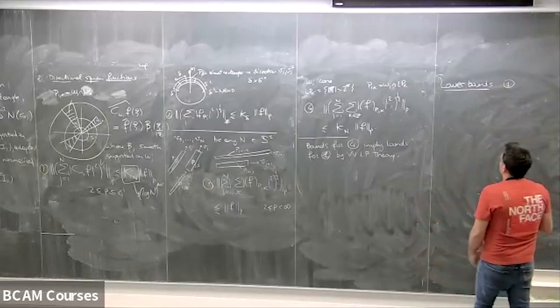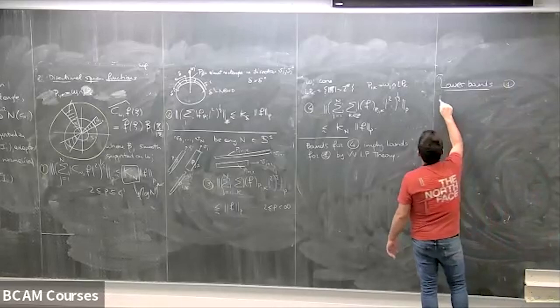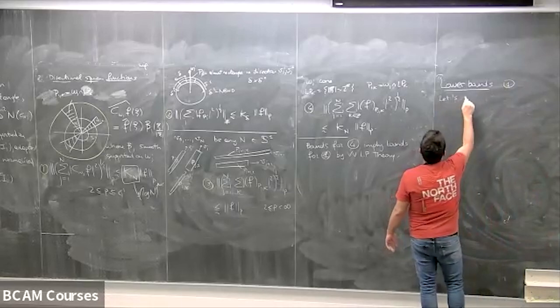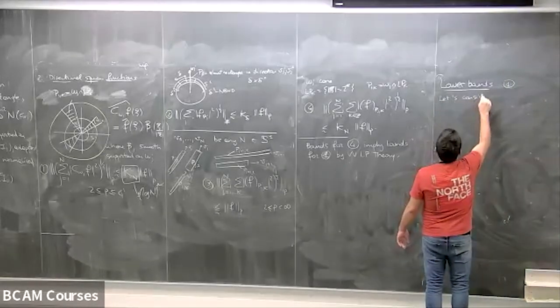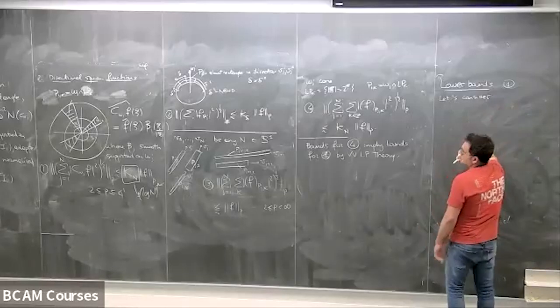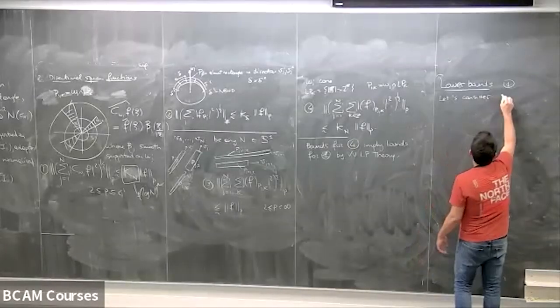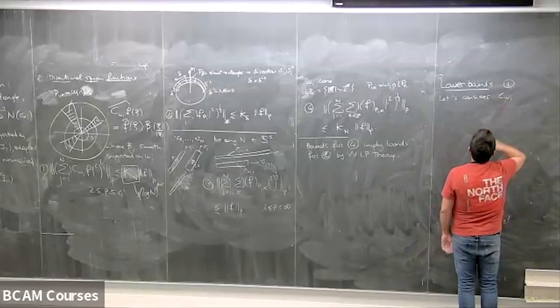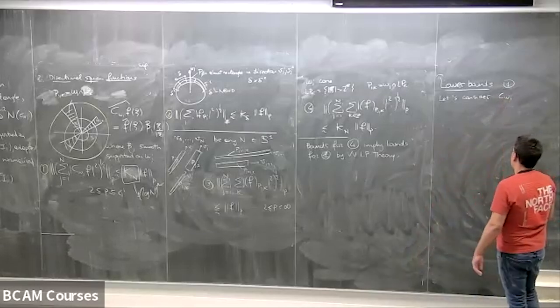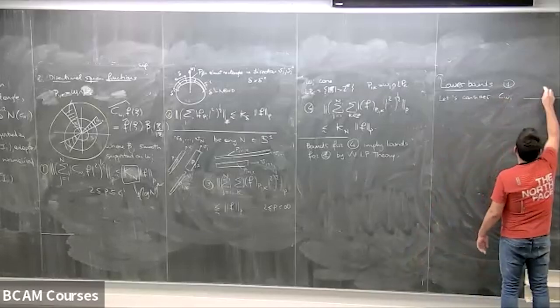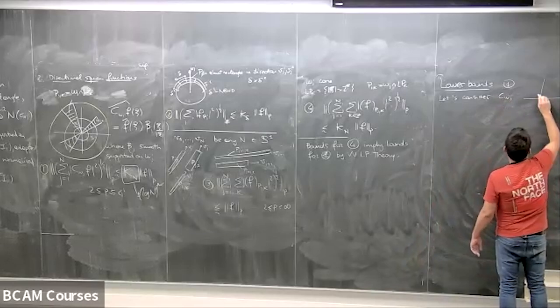Okay. So the trick is, let's consider one of the cone multipliers. I call them a single C omega J. It's a smooth cutoff to this cone.